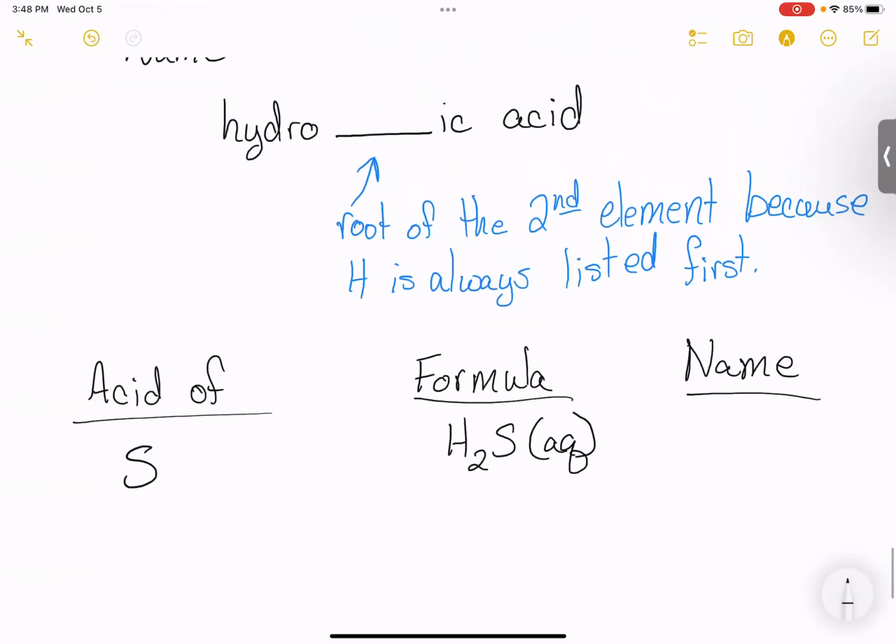Now let's look at the name. I'm going to go up here and we're going to look at it based on what I wrote earlier. It's going to be hydro, sulfur, and it's going to end in ic acid. So that is hydrosulfuric acid. Binary acids, hydro is the first thing.